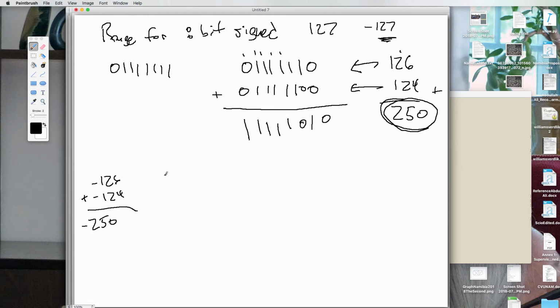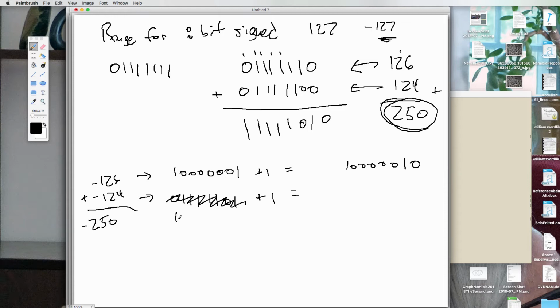If that's 126, I'm going to calculate the 2's complement, and I'm going to get 1, 0, 0, 0, 0, 0, 0, 1, and then I have to go plus 1, and that's going to equal 1, 0, 0, 0, 0, 0, 1, 0. And if I come over here, minus 124, well, I'm going to flip the bits. I'm going to get 0, 0, 0, 0, 0, 0, 0, 1. And I'm going to add a 1 to it. Whoops, I've made a mistake here. Copied the wrong bits. I want to flip the bits here.